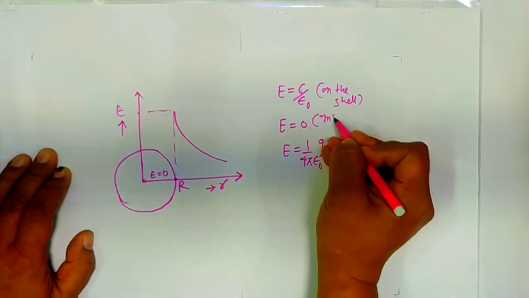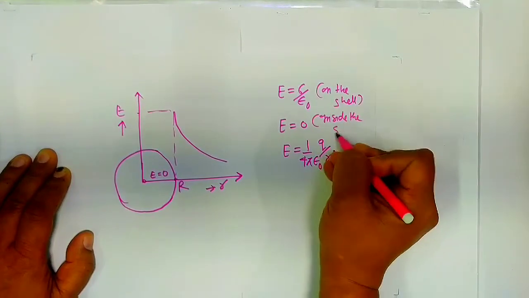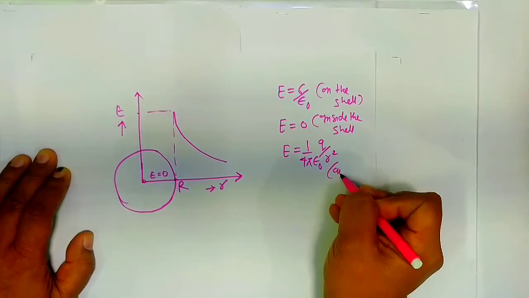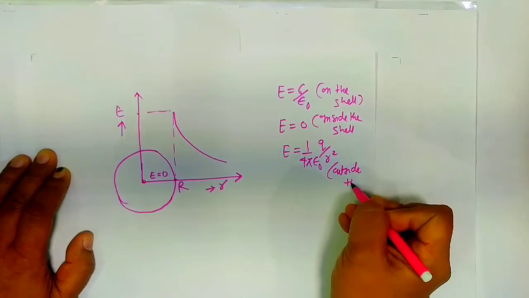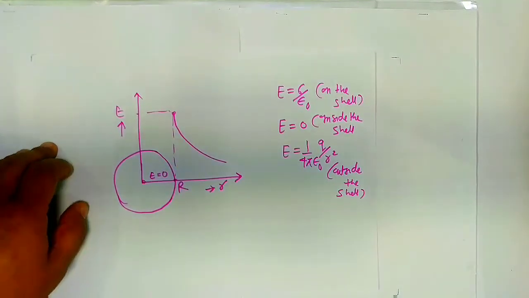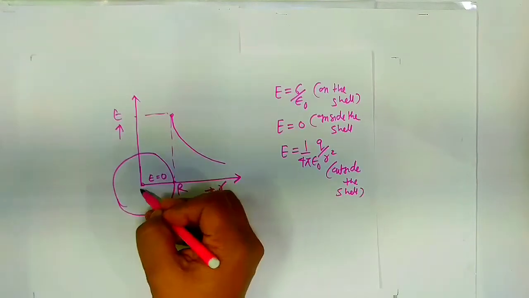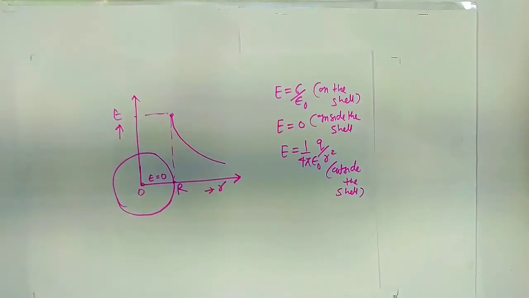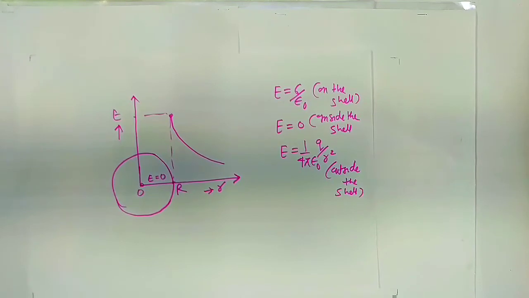Got it? So this is how we represent this graph. I think you got it. This is the cell, this is the center, and this is how electric field intensity behaves for a cell.